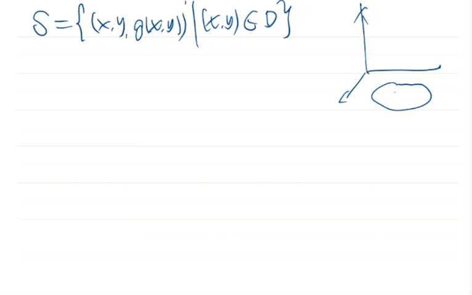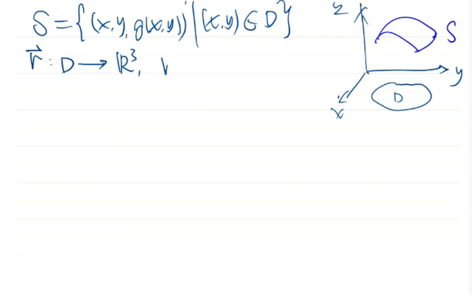Here is D, with axes x, y, z, and this is S. Then we can take a parametrization of S by R from D to R3, R(x,y) = (x, y, g(x,y)). Okay, so we have an R.